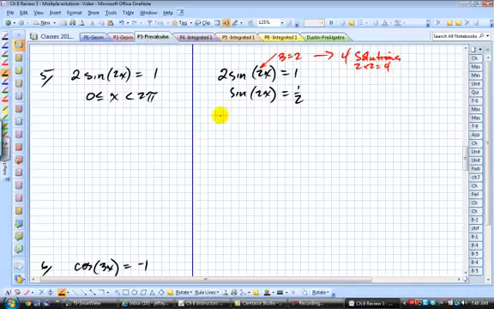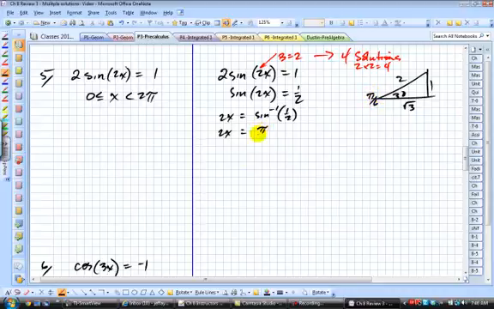So we need to take the inverse sine of a half. And again, here's your 30, 60, 90. Here, 2, 1, root 3. And so sine of 30 degrees equals a half. So my first angle here in radians is pi over 6.